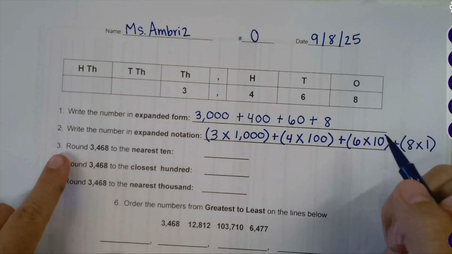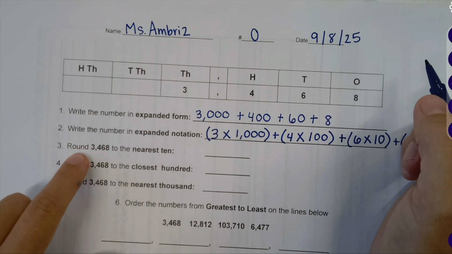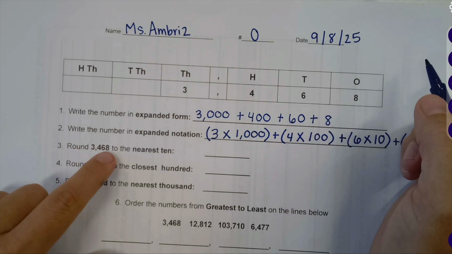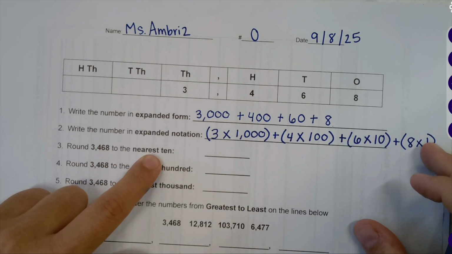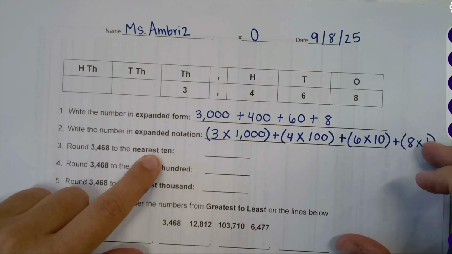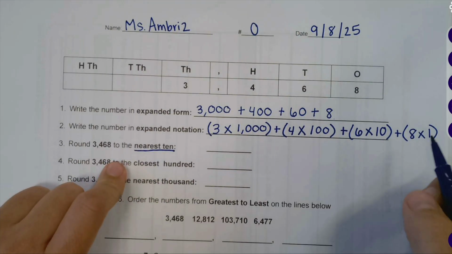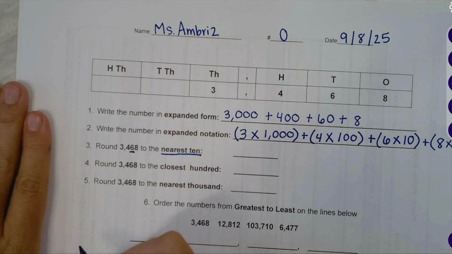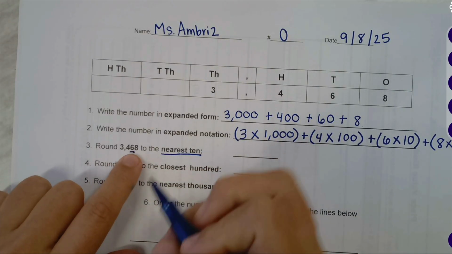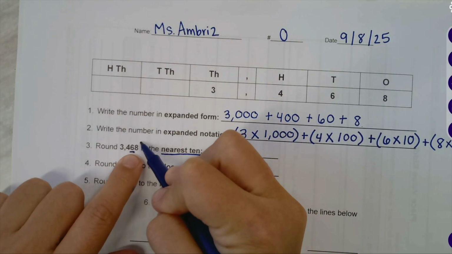All right, number 3, round 3,468 to the nearest 10. Oh, we just did a homework on rounding and it says nearest 10. So I'm going to look for the tens place. So to round this score, I must look before.